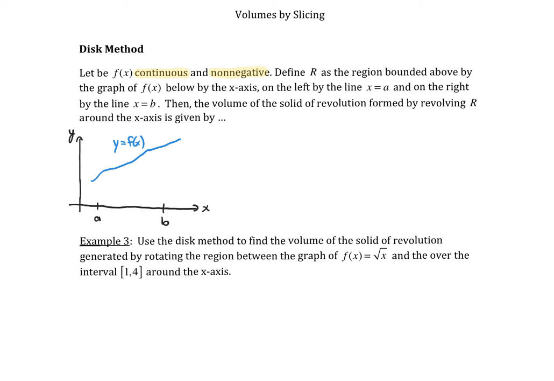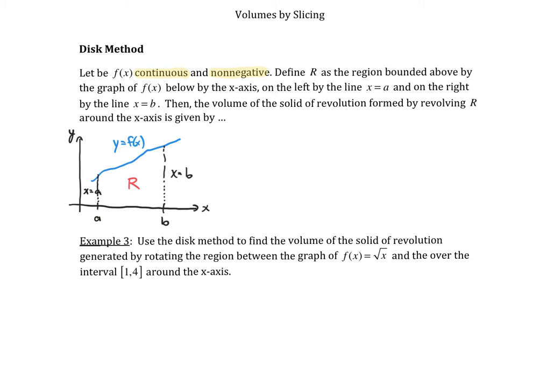We are going to have our left boundary be this line, x equal to a, and the right boundary be this other vertical line. This is x equal to b. This one was x equal to a. And the region R that we're working with is the region bounded by all four of those lines: f of x, x equal to a, x equal to b, and the x-axis.